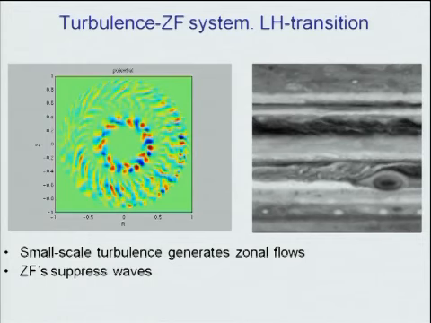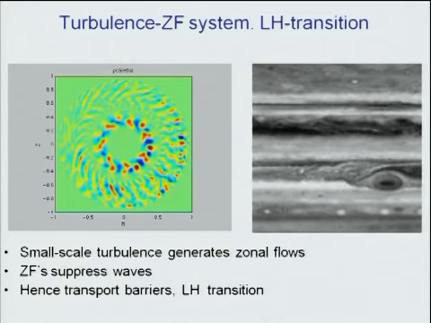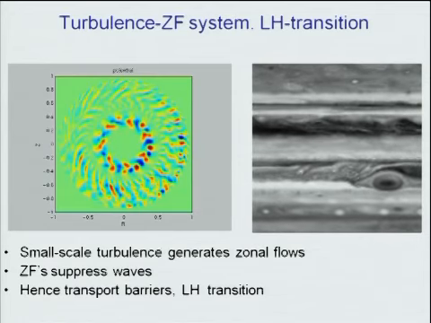Zonal flows will suppress the waves that generated them, and because small scales contribute to transport and zonal flows presumably don't, we have suppression of transport, creation of transport barriers, LH transition.